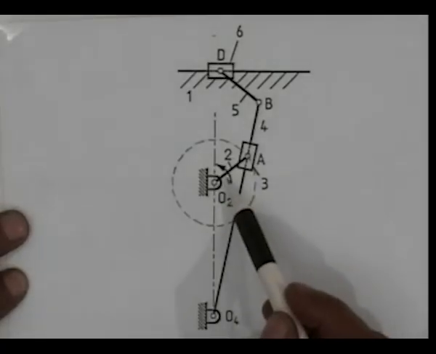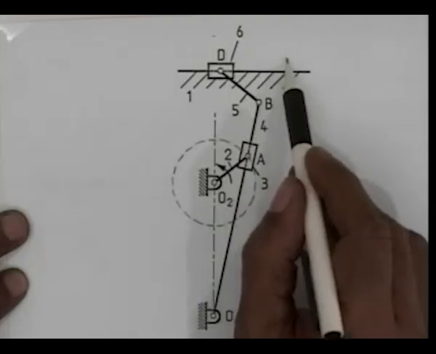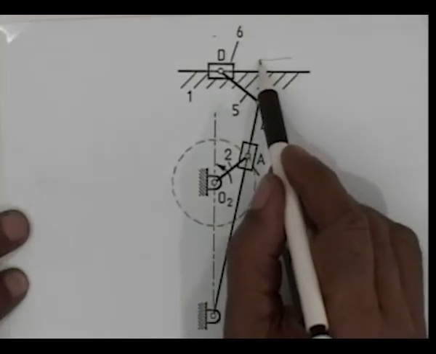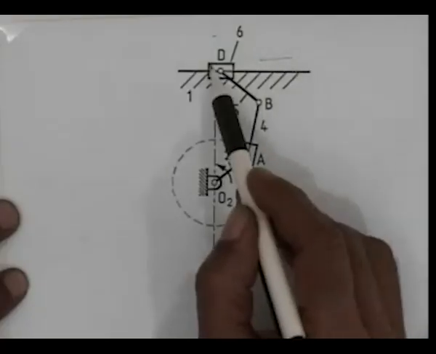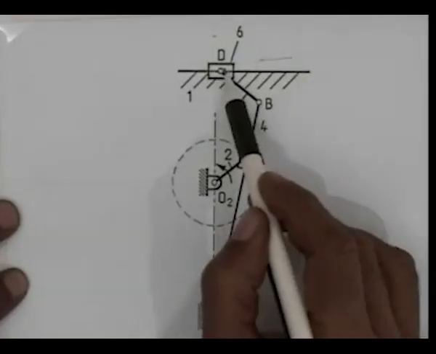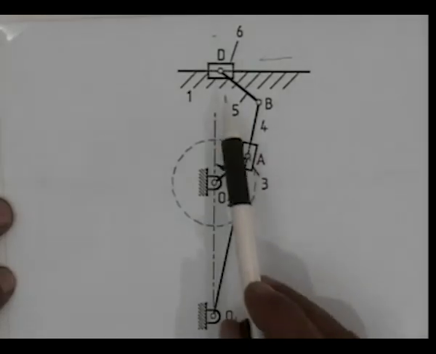As this bull gear rotates in the counterclockwise direction, this tool moves from right to left and left to right. This motion from right to left is the cutting motion and left to right is the return motion. Our objective is to determine the quick return ratio of this particular mechanism and also to determine what is the stroke length of the tool.